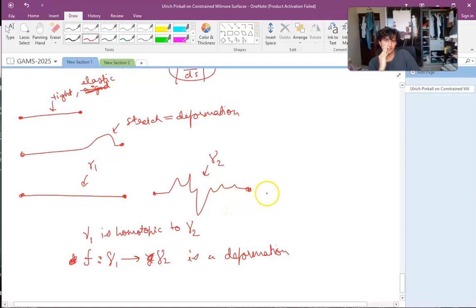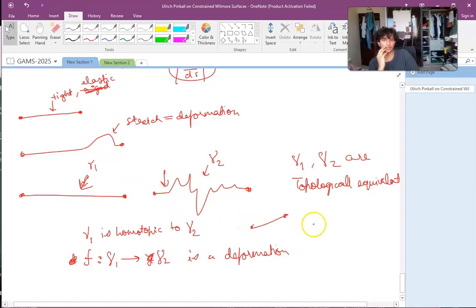What this means is that gamma 1 and gamma 2 are topologically equivalent. So this is a line and this is still a line. Any given line is homotopic to another given line.